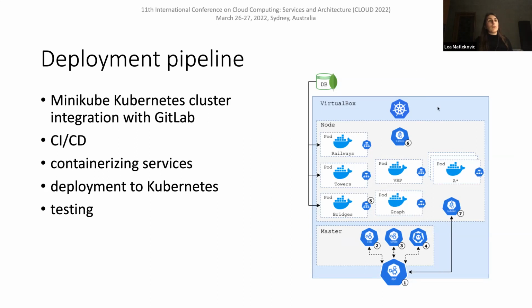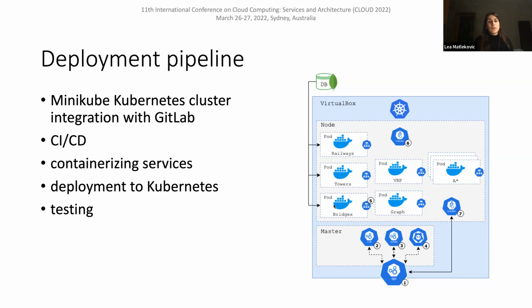We also integrated the cluster with GitLab. For example, when a developer pushes new changes into the code, it will trigger automatic building of the Docker containers, because each service contains a Dockerfile, and it will build the image and deploy it to the Kubernetes cluster, where each service is running in a pod.